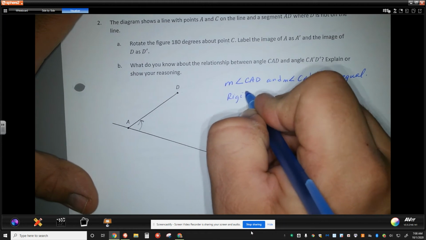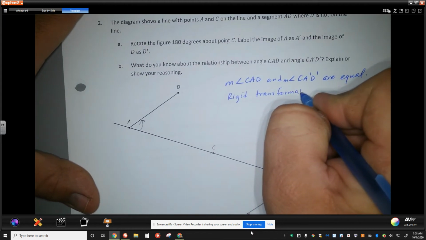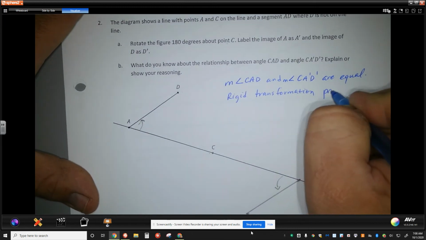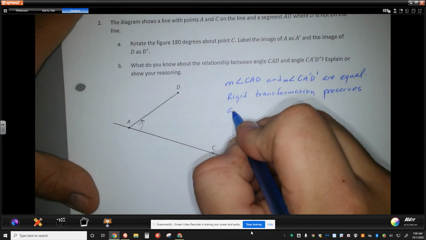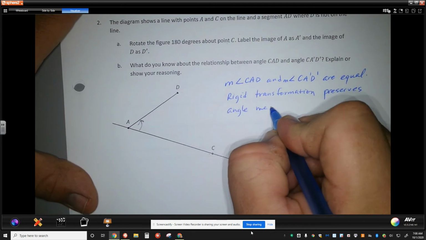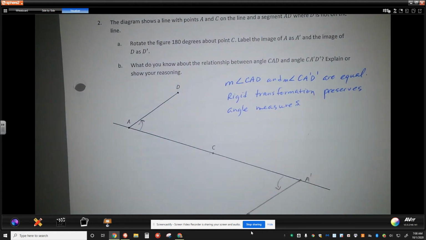Rigid transformation preserves, or keeps the same, angle measures. Now that's a good description for any time that we ever do a rigid transformation if we have to describe the length of a segment or the measure of an angle.